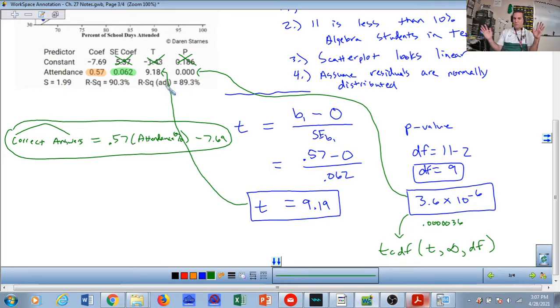You're going to focus on all of these ones. Those are the ones we want, because that's going to be your standard error if you had to do a t-interval, your t-score for your test statistic, and your p-value from that test statistic. It's amazing, right?